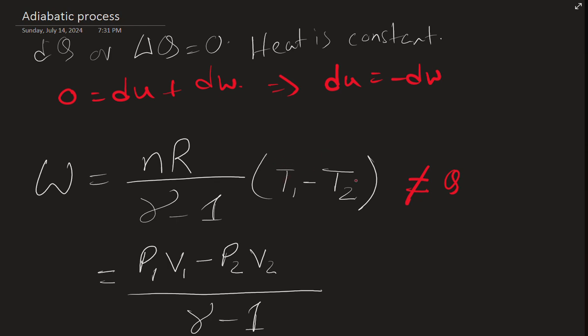Actually, we do, but with different formulas. The formula for work is only for work. This is the formula. W is equal to nR over gamma minus 1 into T1 minus T2. Now, T1 and T2. T1 is the initial temperature.